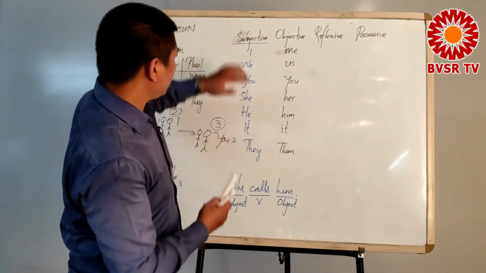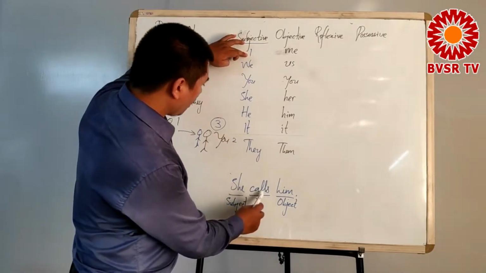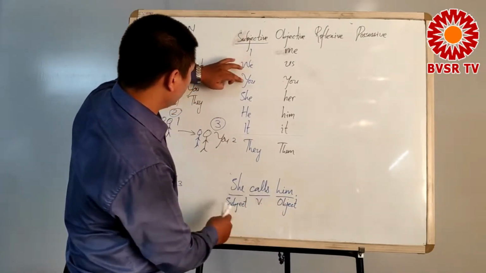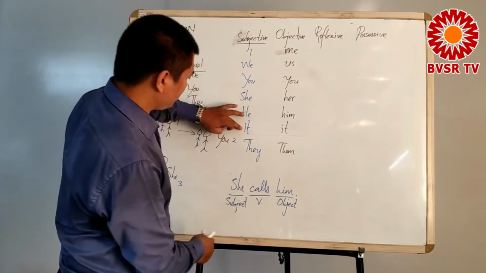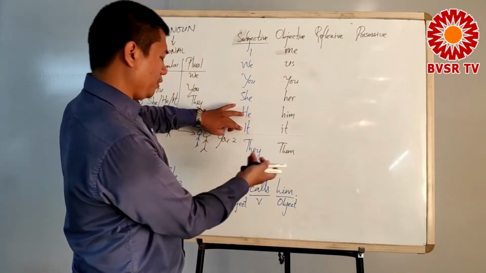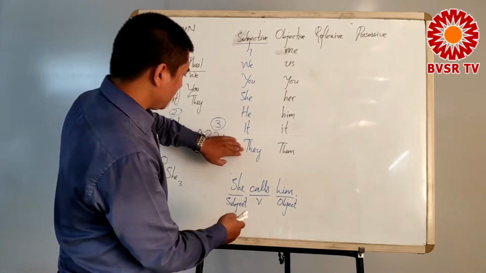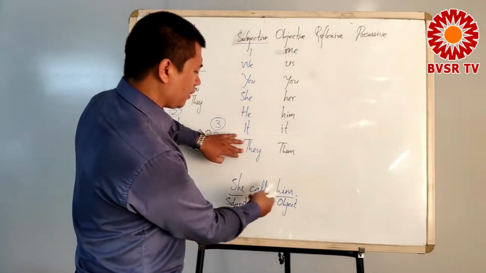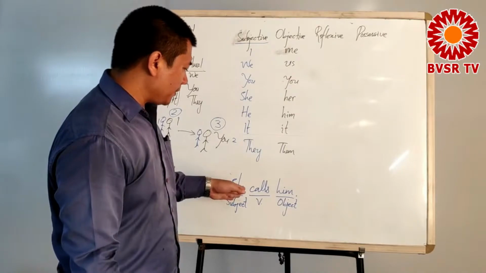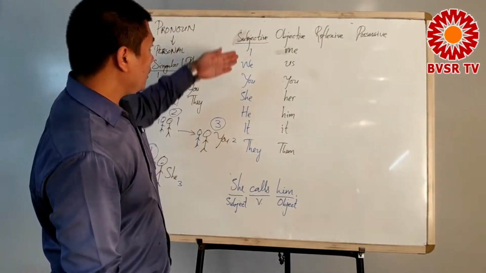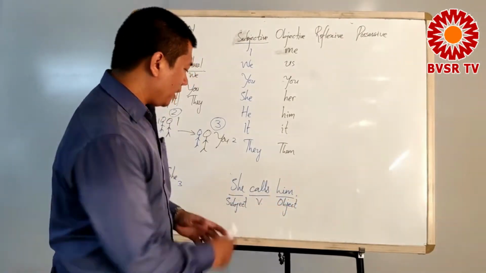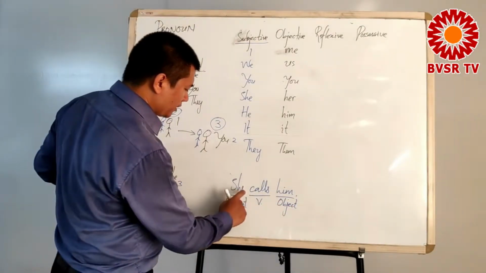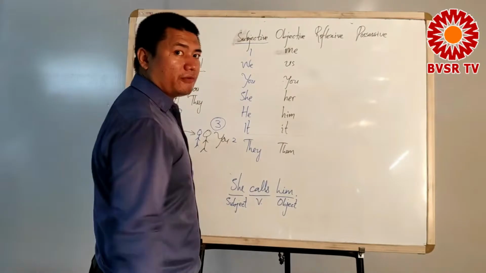And likewise, you can say I call him, we call him, you call him, she calls him, he calls him, it calls him. You cannot actually say that one, but yes, you can say they call him. So you can make sentences like that. If you understand the subjective and objective, making sentences, especially with the subject and object, is going to be very simple for you.